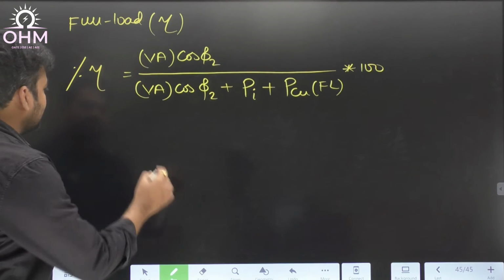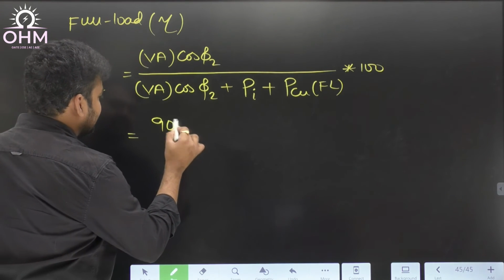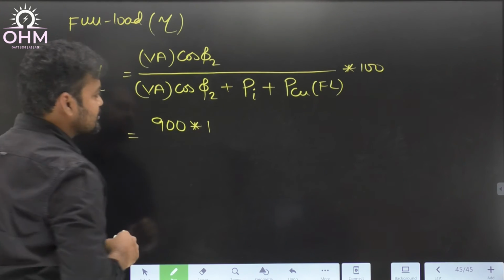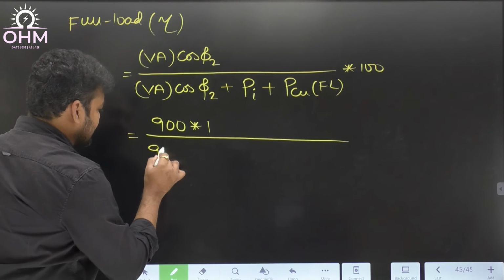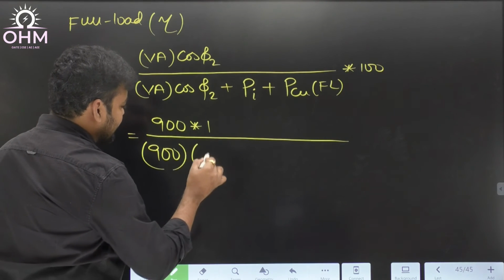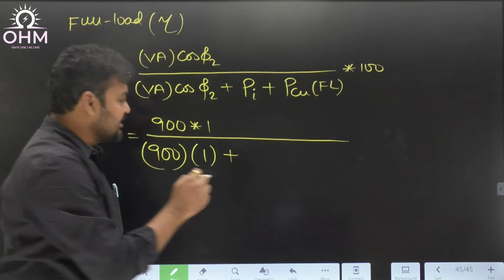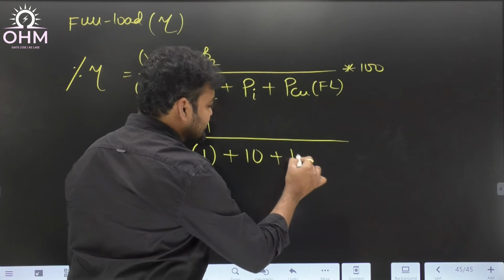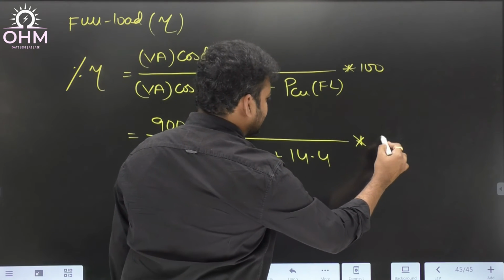So what is the VA rating? 900 kVA. I am substituting everything in kilo. At what power factor are we asked to find the efficiency? Unity. Divided by 900 kVA at unity power factor plus the iron loss. In the question data it was clearly mentioned 10 kilowatt, 10K, plus the full load copper loss we just found, 14.4K, into 100.